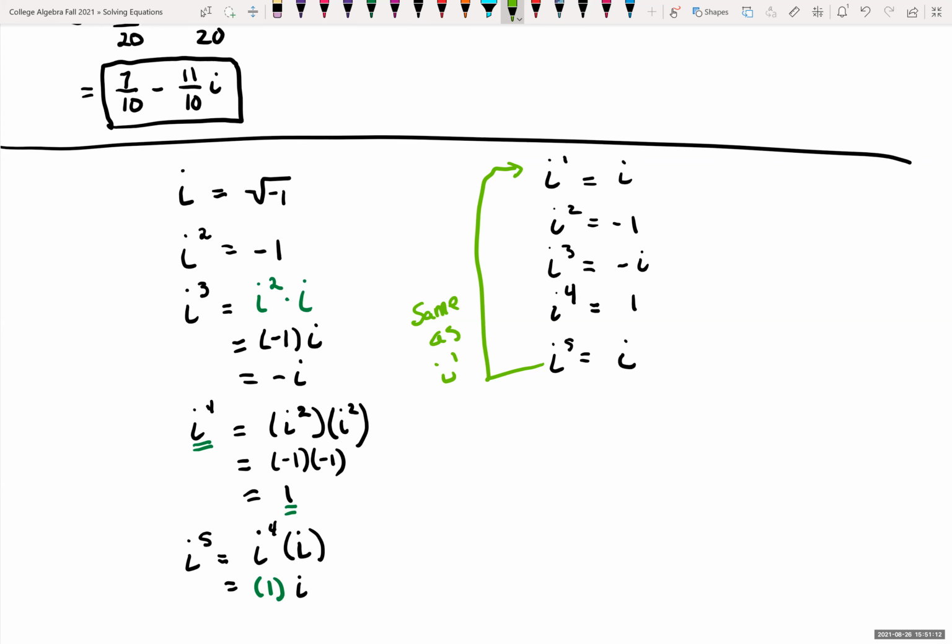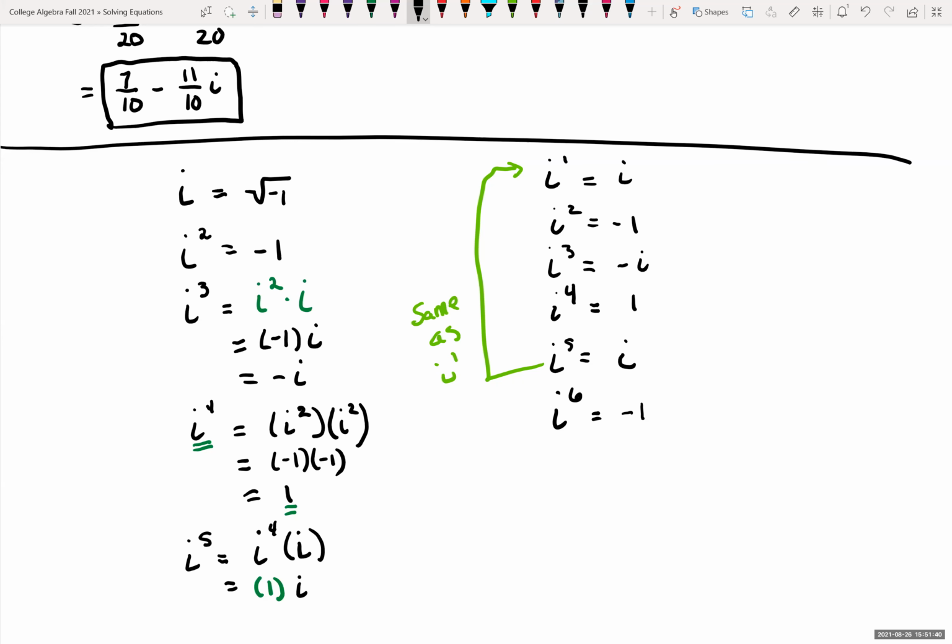And so if we look at i to the 6th, well, i to the 5th times i. Well, i to the 5th is i, times i is -1. And so you get -1 here. And so there's a rule, because we know it's going to be repeating every 4th power.